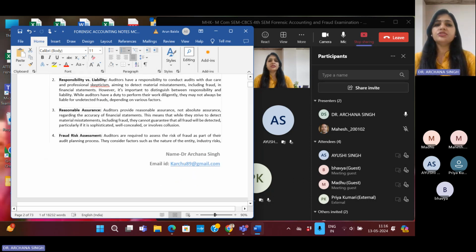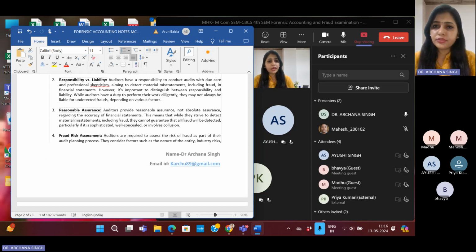Reasonable assurance means कि जो auditors हैं, they are not giving absolute assurance regarding the accuracy of financial statements. Means while they strive to detect the material misstatements or financial frauds or frauds in financial statements, they can't guarantee that all fraud will be detected, particularly if it is sophisticated, well concealed, and it involves collusion.